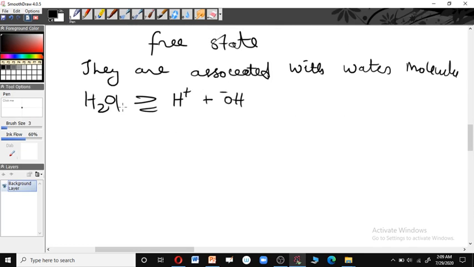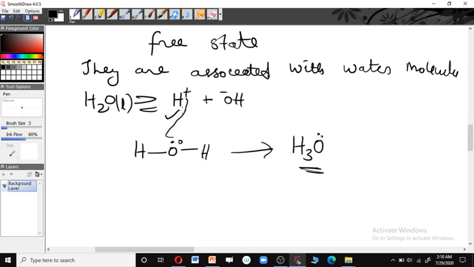Since in the aqueous solution there is another form of water, this H plus is present, and since there is a lone pair, it will go and pick up this H plus and give H3O plus, the hydronium ion. So it always forms in the form of the hydronium ion. It doesn't form in a free state.